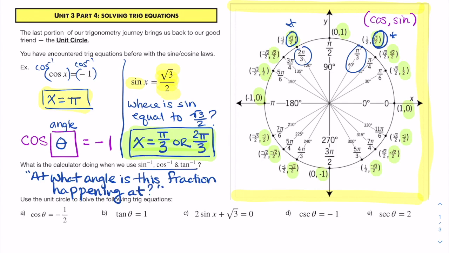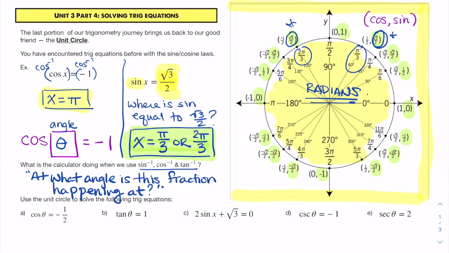So again, your answers come from inside of the circle. No longer are they coming from outside. So your answers are in here somewhere. And usually, I'm not saying always, but usually we stick to the radians. That's a little more common, but you'll see. Sometimes it'll ask for degrees, sometimes it'll ask for radians.